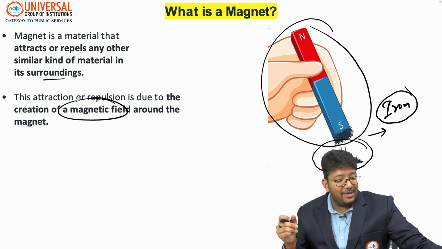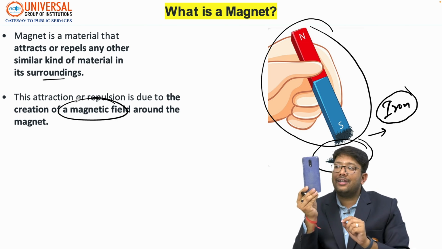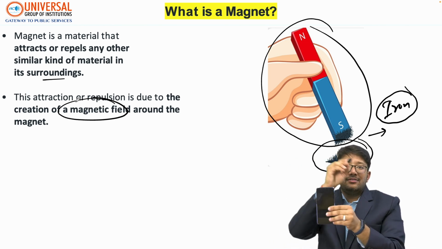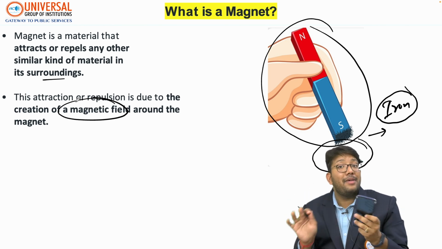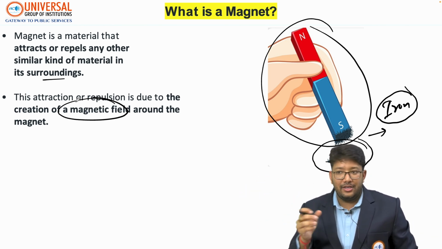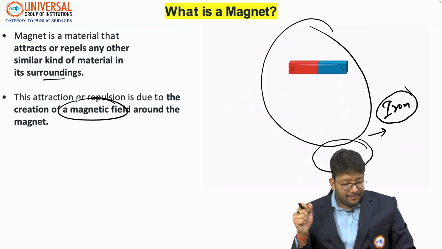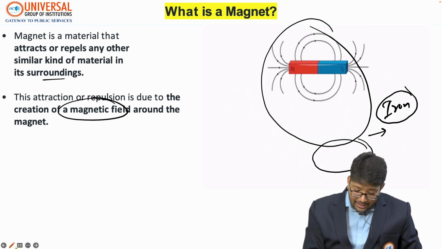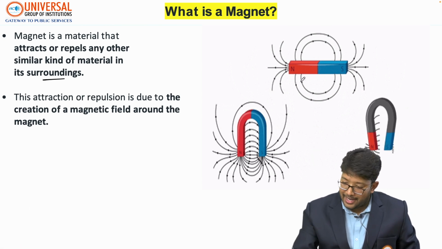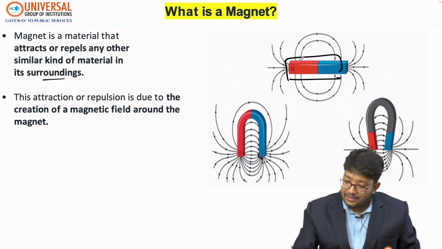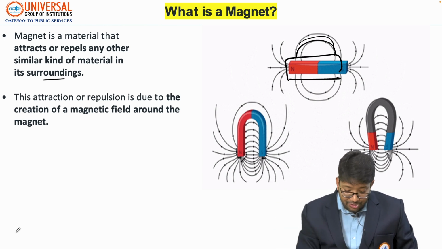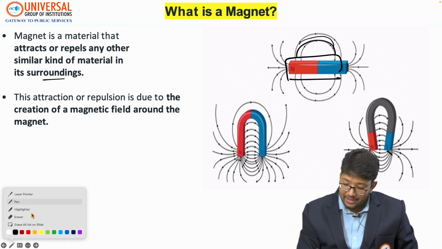Magnetic field means, suppose this is a bar magnet, the surrounding of this magnet is called the magnetic field, where it is exerting force. In the diagram also you can see this magnet, and these arrows are the magnetic field. This diagram illustrates how the magnetic fields are generated.